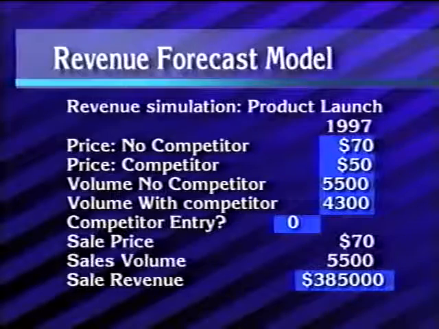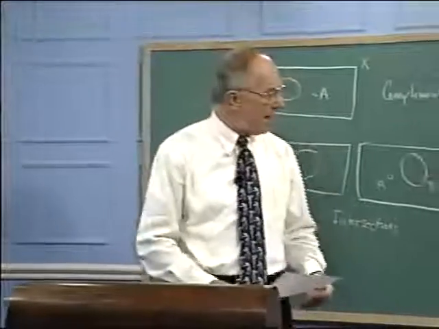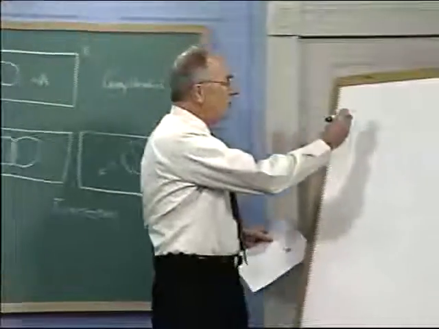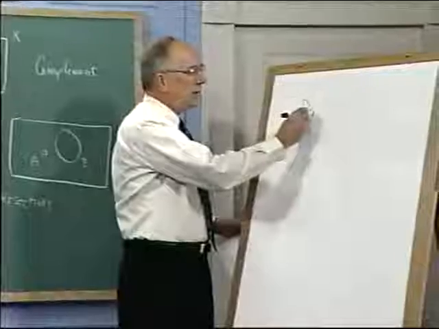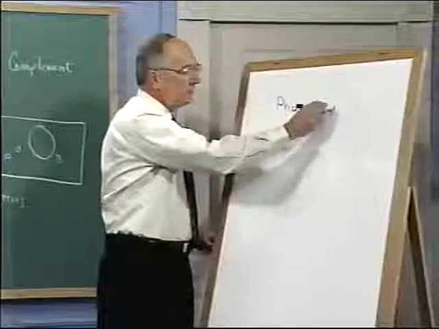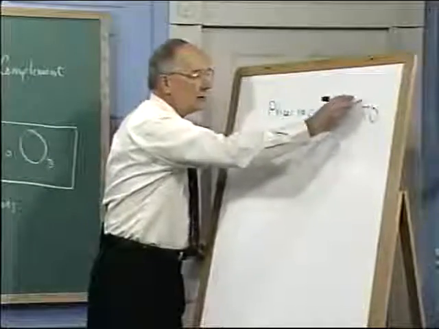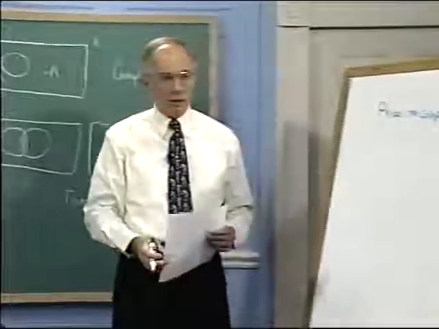And here I have revenues for 1997 in the model. Notice that in that price, no competitor cell, right now is $70 per unit that I can charge for my product.